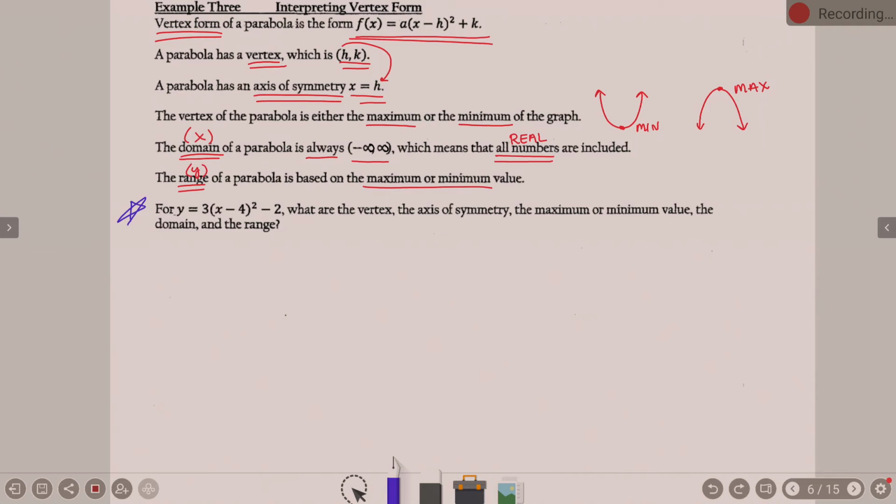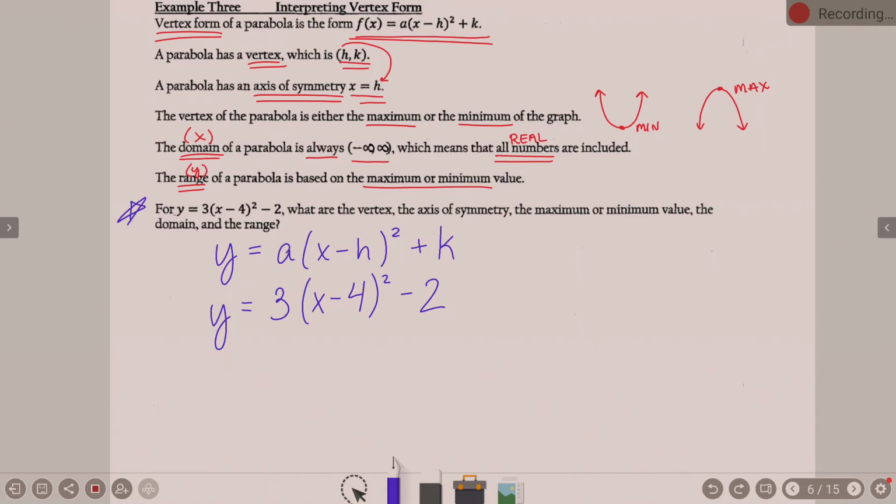Now, what form is this equation in? This is in vertex form, which, if you look, is a times (x minus h) squared plus k. And I'm going to write our equation right below it. Our equation is y equals 3 times (x minus 4) squared minus 2. Okay, that's our given equation.